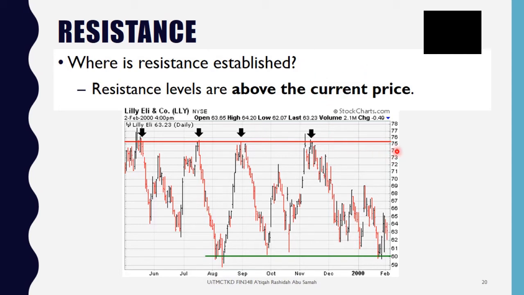But it is normal if the price breaks this line. If the price breaks the line, the resistance will turn into a support line, and later you may draw another resistance line.